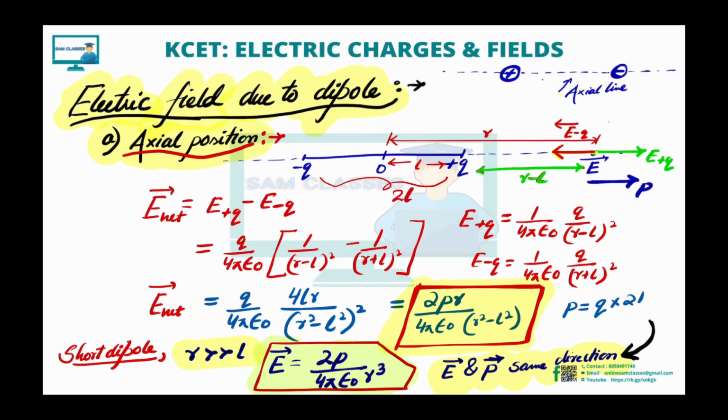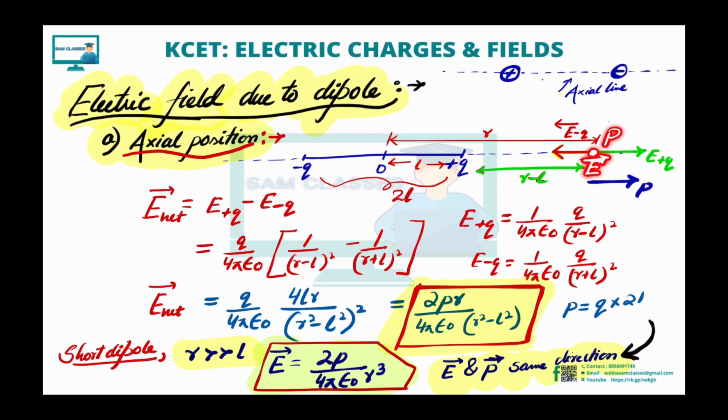The moment we hear the word axial, what comes to mind? Basically, the axial line means: if you take a positive charge and a negative charge, the line joining the positive and the negative, and any point lying on this line, is known as a point on the axial line, or this line is known as the axial line.